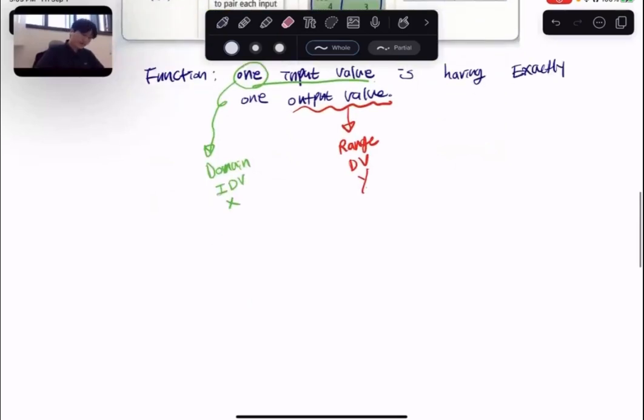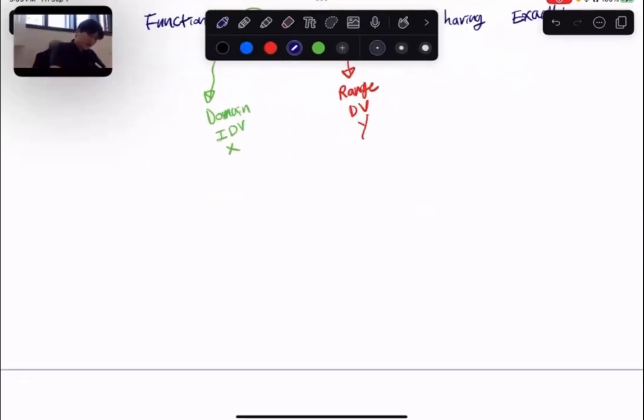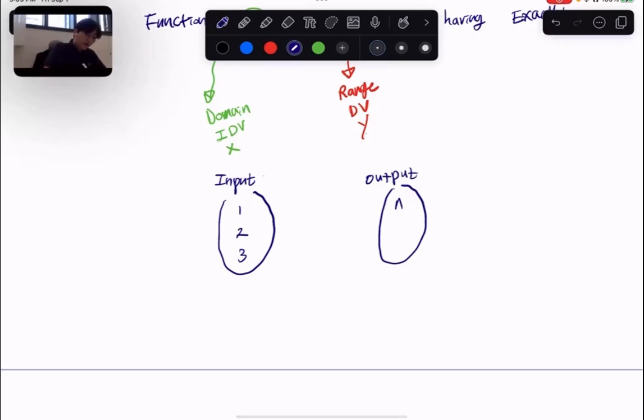Let's say I have input values 1, 2, and 3, and output values A, B, C. Let's say 1 goes to A, which is a relation, expressed with the arrow in the mapping diagram, and 2 goes to B, and 3 goes to C. Would this be a function?